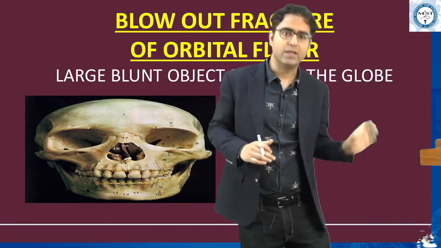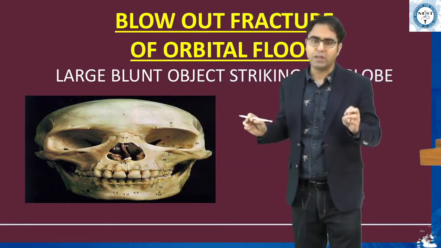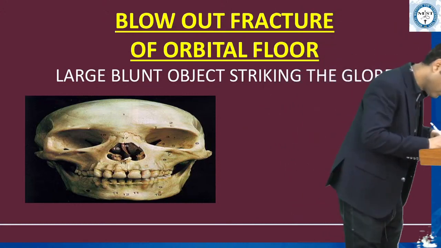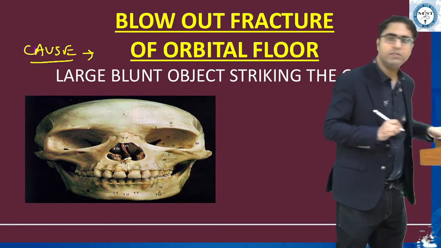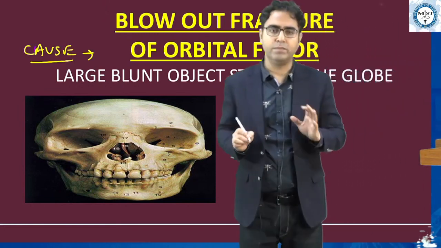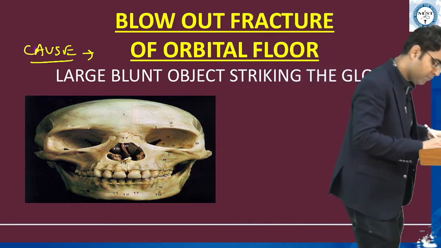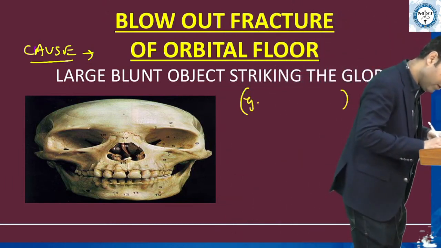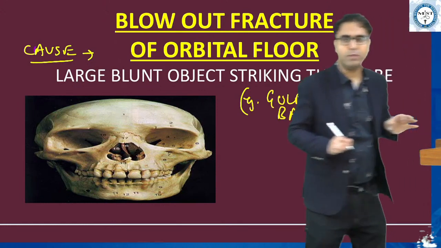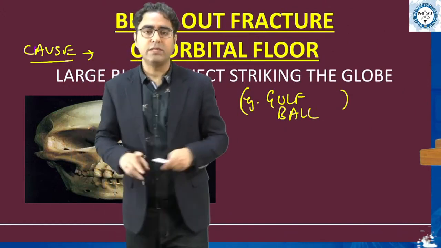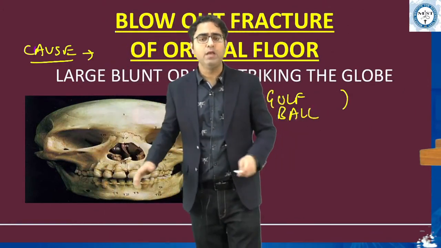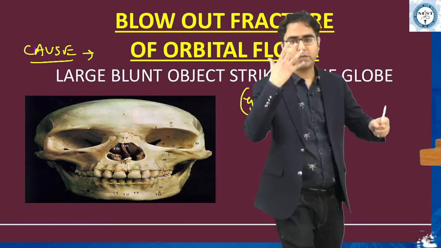Blowout fracture of orbital floor. Write down the cause: large blunt object striking the globe. For example, golf ball. The typical ophthalmology question will be golf ball injury to the orbit, beta.